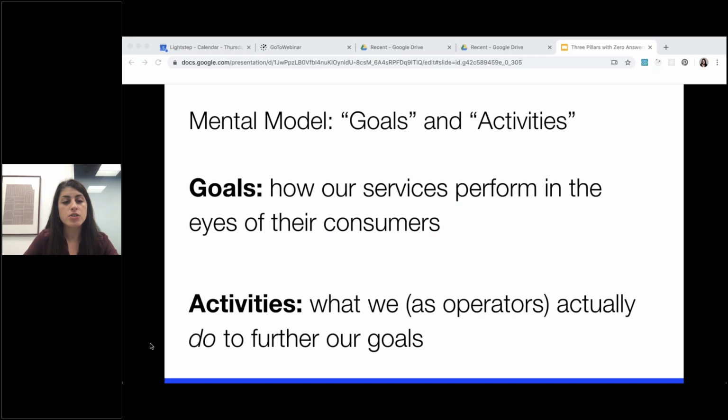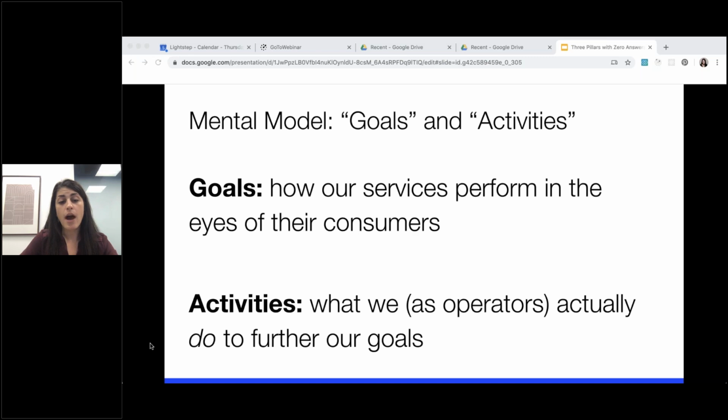Before we dive into what the scorecard actually looks like, I think it's important to define what goals and activities are. So goals are related to how our services perform in the eyes of our consumers. Everything should take a service-centric view in the DevOps world because at the end of the day, all of the consumers here care about the goals of their particular services.